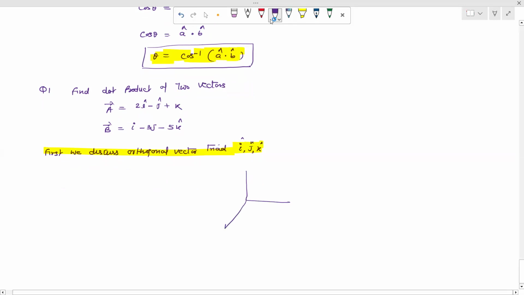So suppose we have an x-axis here, we have y-axis, and we have z-axis.